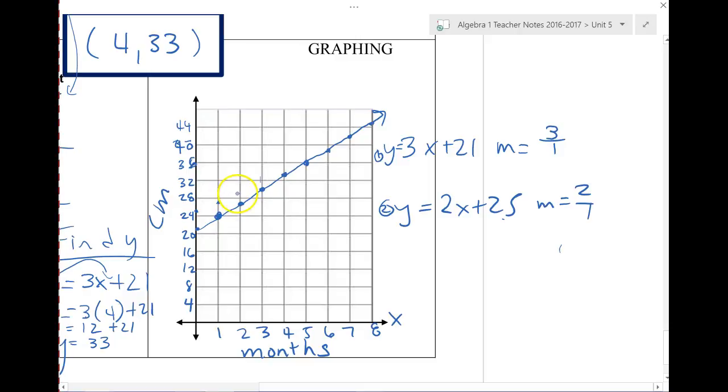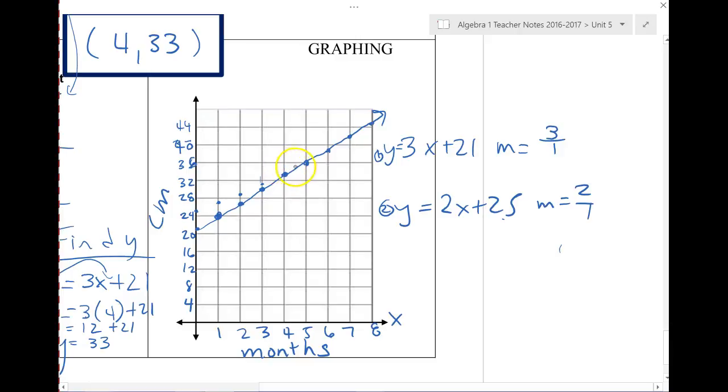Then 27 to 29. I'm just adding 2 every time. Then 29 to 31, which is right there. Okay, it's right above that point. Then 31 over to 33, and there's our point where we expected them to match.